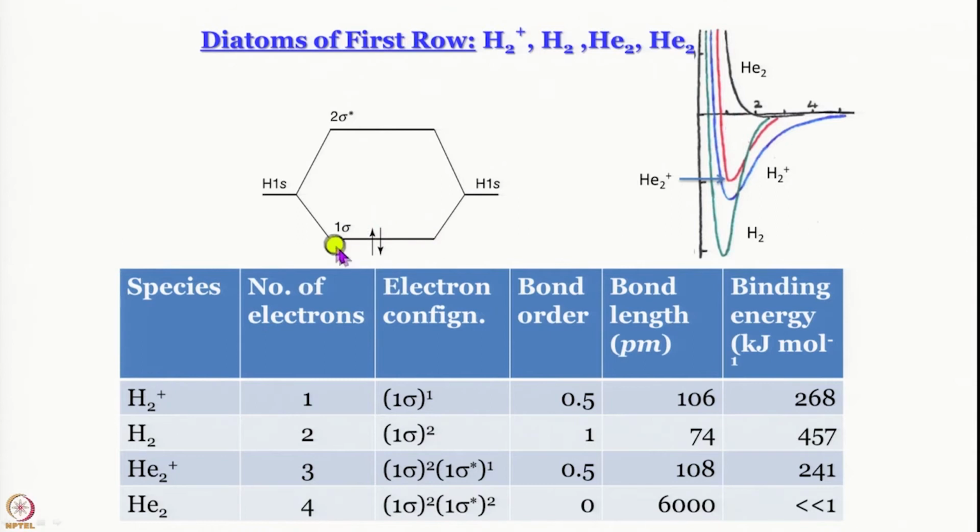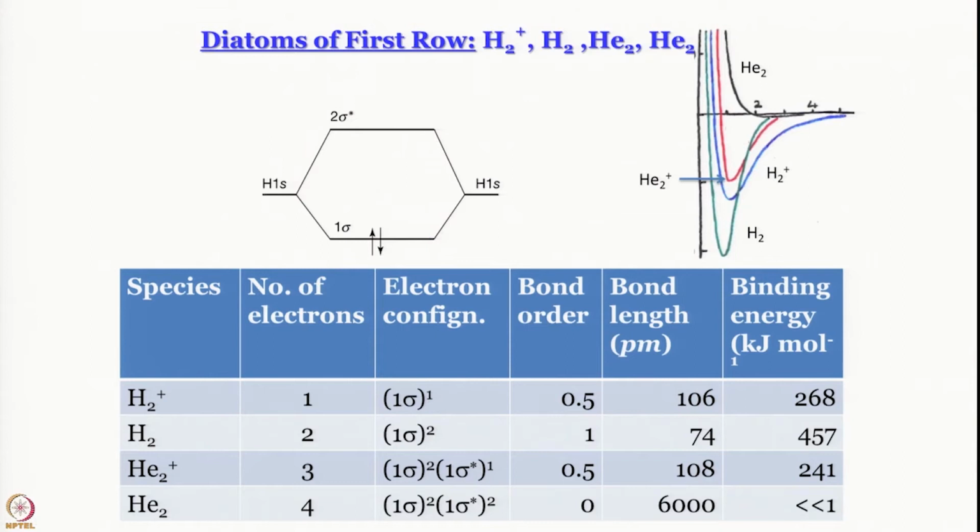In He2 plus you have 2 electrons here and 1 electron here, and if you remember the picture that we had shown in the last lecture, this energy difference between the isolated atom and anti-bonding orbital is a little more than the energy difference between the bonding orbital and the atomic orbitals, okay, at equilibrium bond length. So, He2 plus is less stable than H2 plus.